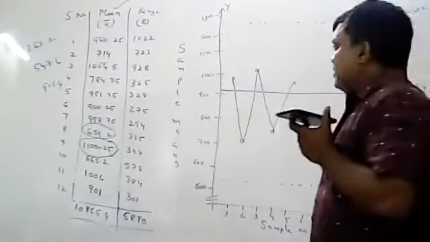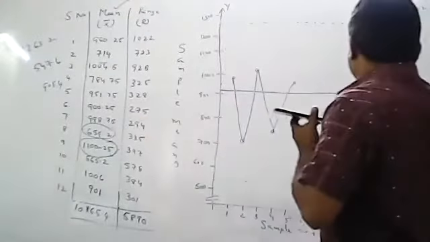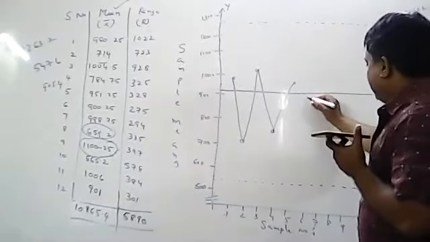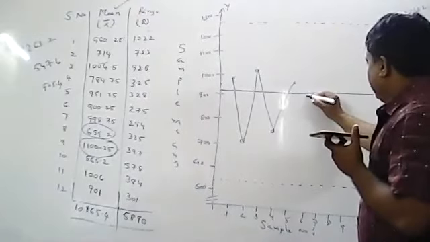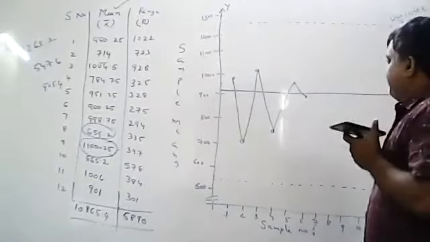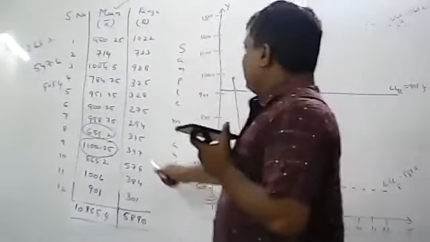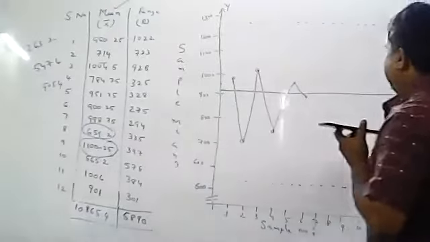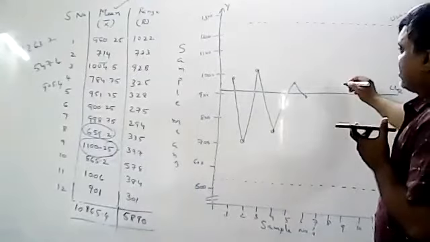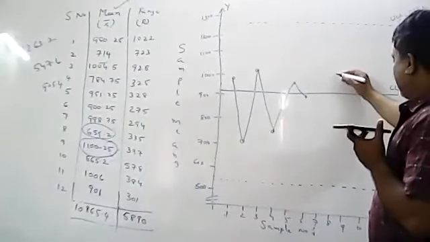And next sample. What is the next sample? 900.25. Roughly you can identify 900.25. Next, sample number 7, 998. 998 is closer to 1000.